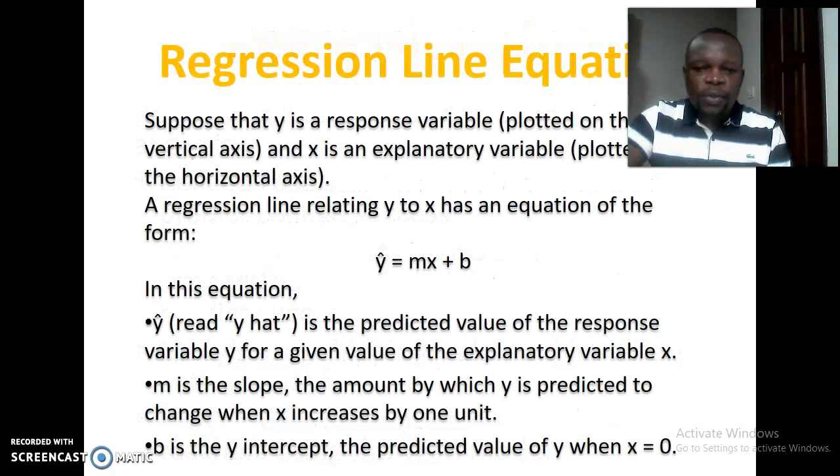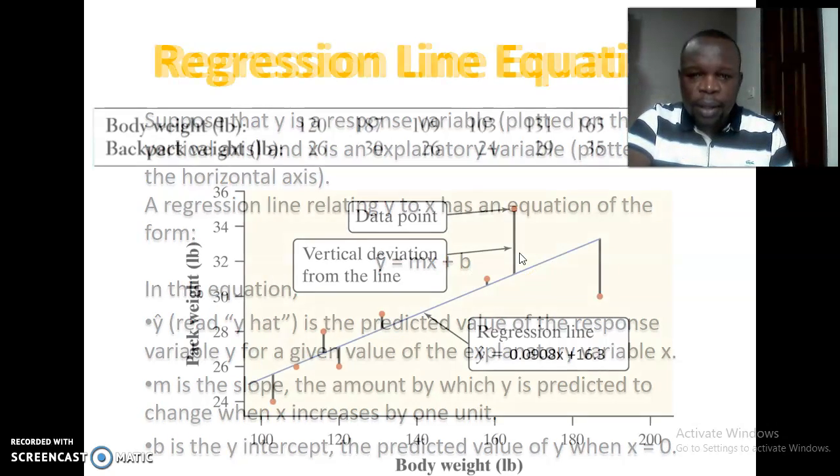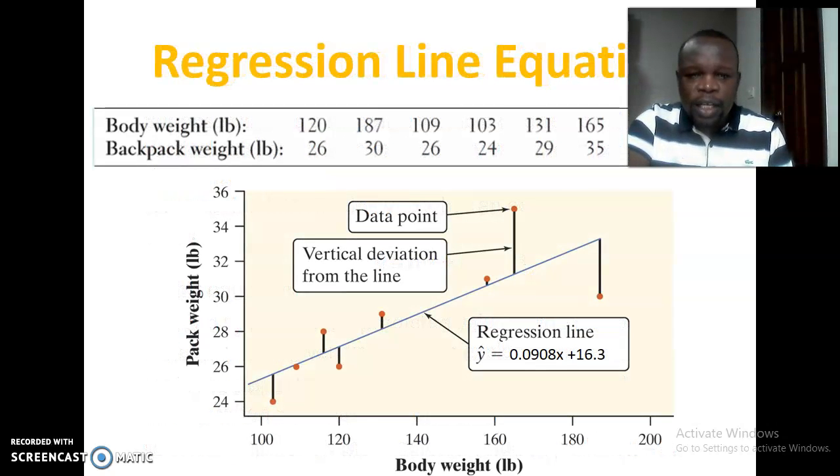The equation of the least square regression line is y hat equals mx plus b. Just thinking about the equation of a straight line, this is the same. So m here represents the slope, and b will be the y-intercept. You can get that equation from the calculator and do a lot with it.